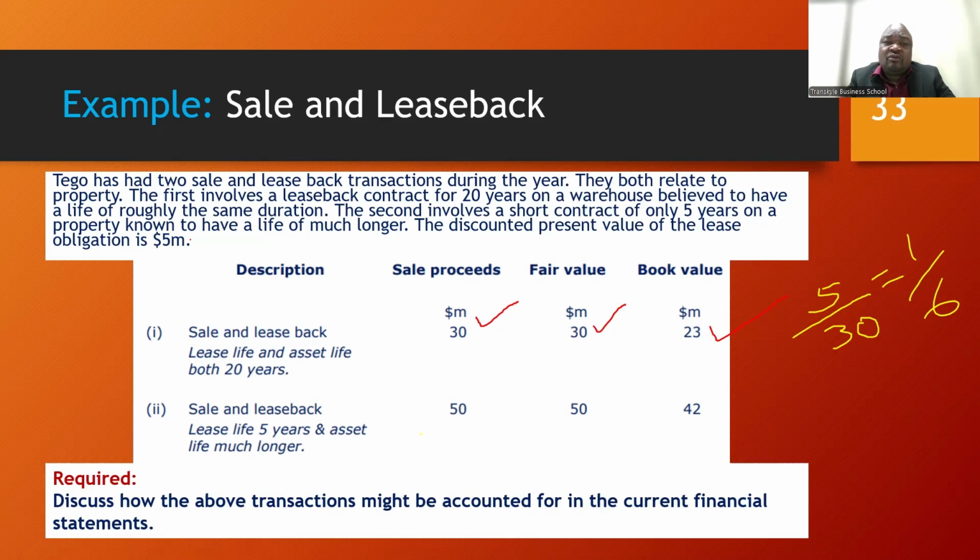So here we need to recognize the asset, and recognize at least a right of use asset, whereas in A, we can't recognize the asset, we continue to have it, then recognize a loan. Okay?